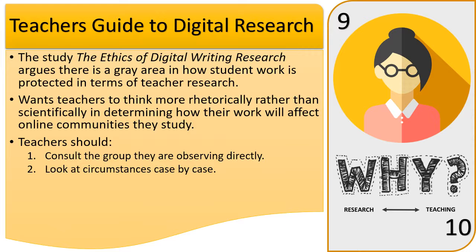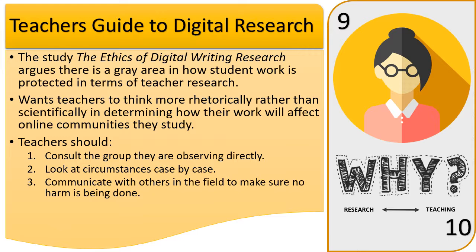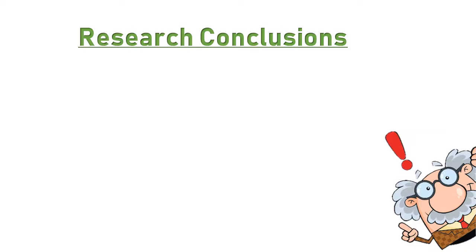What might be okay for some online groups might not be okay when it comes to exposing people from other online groups, and it's something they have to be fairly cognizant of. Finally, the study advocates that teachers communicate with others in their field to make sure no harm is being done. They advocate that you consult a lot of different people, specifically in your field, to make sure that you're not doing any real harm to the communities that you're studying.